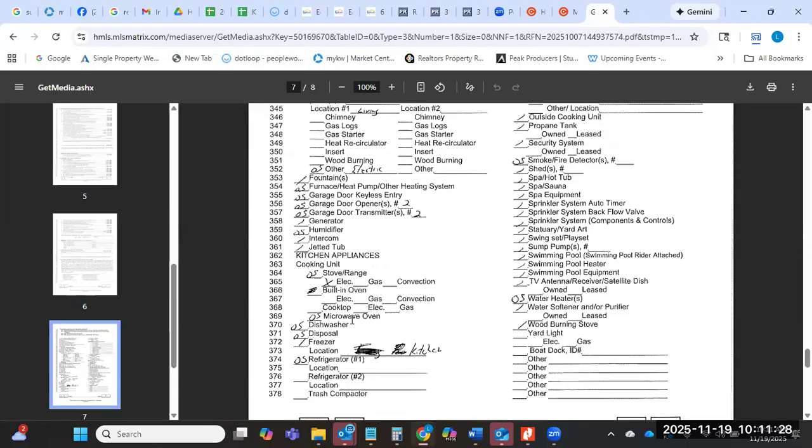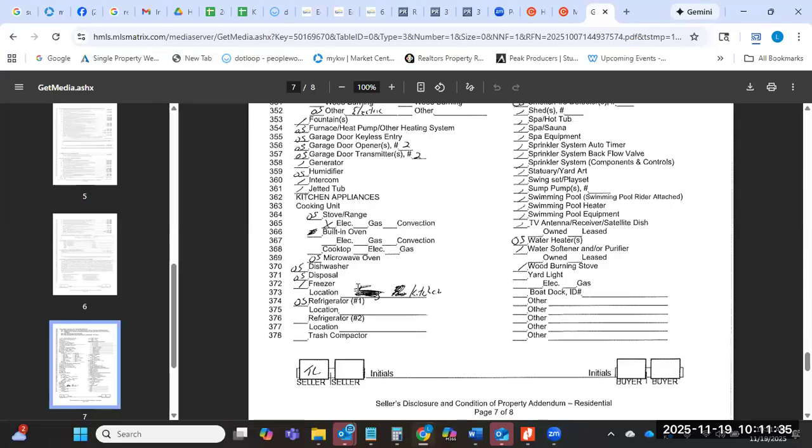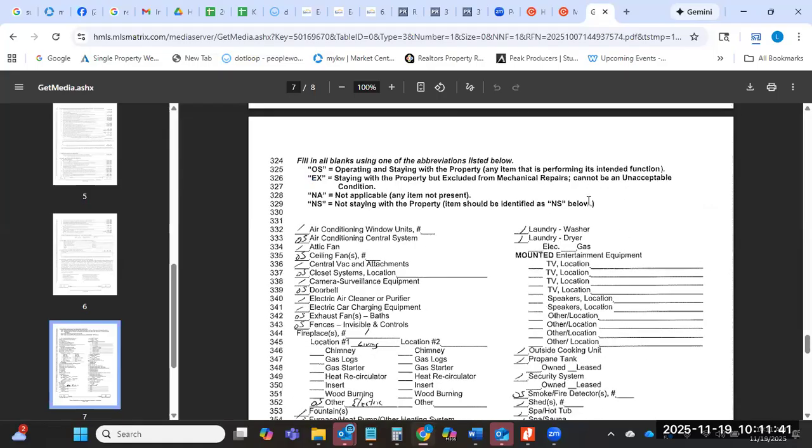I'm going to show you down here in the kitchen appliances: the refrigerator, the stove, dishwasher, disposal, freezer, yes, and then operating and staying for the refrigerator. Over here there's a dash, which really shouldn't be there. They should say in column A that it's not staying or not there at all.